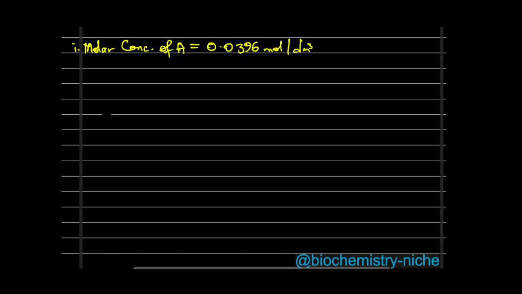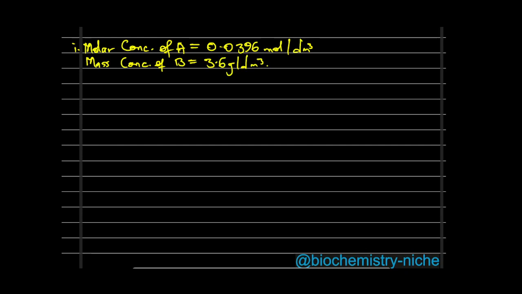That is the value that has been given in the question. And then we have the mass concentration of B, which equals 3.6 grams per dm cube. It is very, very important that you are careful of the formulas and their units.